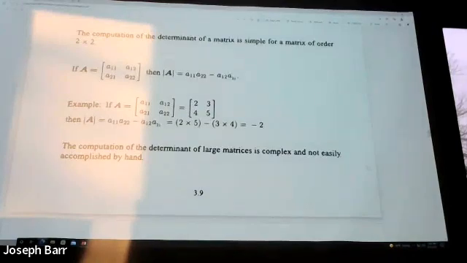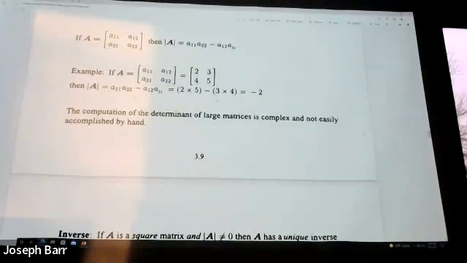So for an example 2 by 2, 2 times 5 minus 3 times 4: 2 times 5 is 10, minus 3 times 4 is 12, so it's minus 2. So the determinant is not 0.